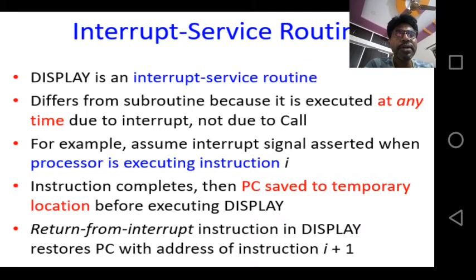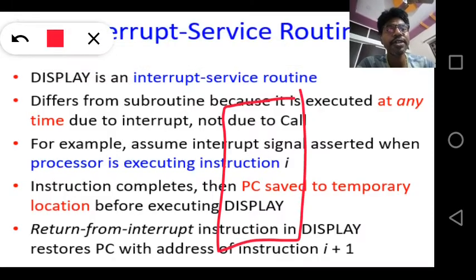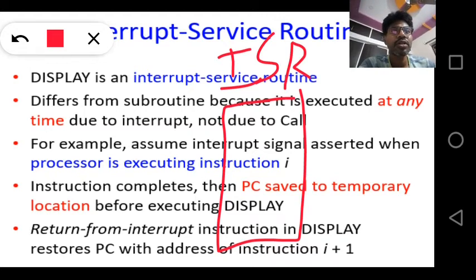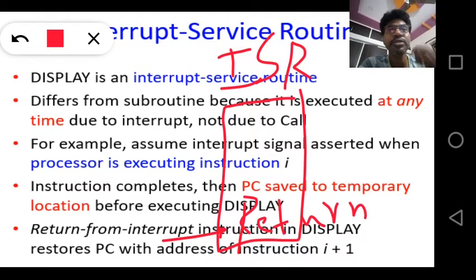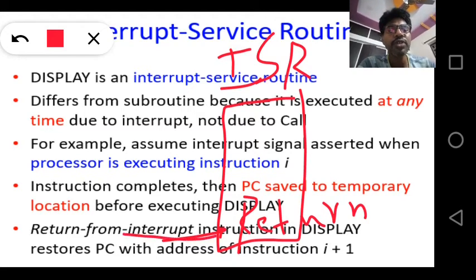And we are talking about the interrupt service routine, and the last statement is return from the interrupt service routine, and this will restore the PC address with the instruction I plus 1.